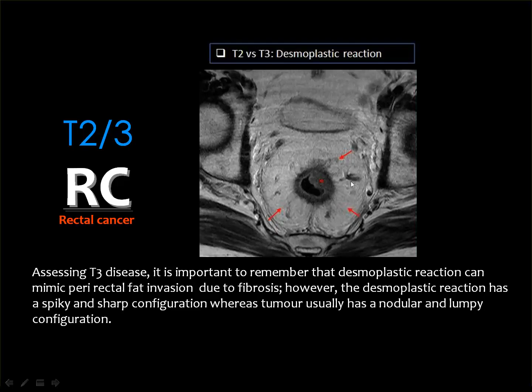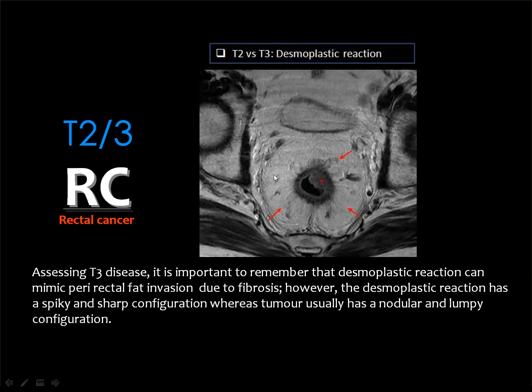A stranding of the fat means one of two things. Either this is tumor infiltration, or this is a desmoplastic reaction. Desmoplastic reaction means that these are fibrous bands and they are not tumor. If these are fibrous bands, then you consider T2. If these are tumor invasions, then you consider T3.